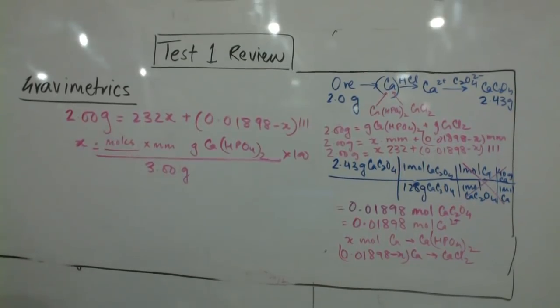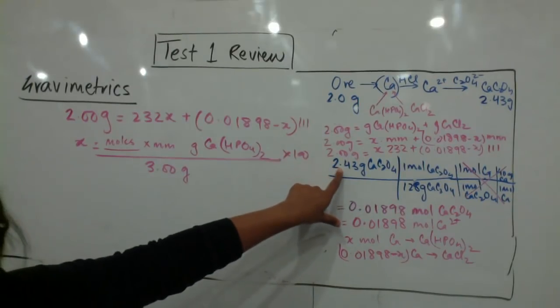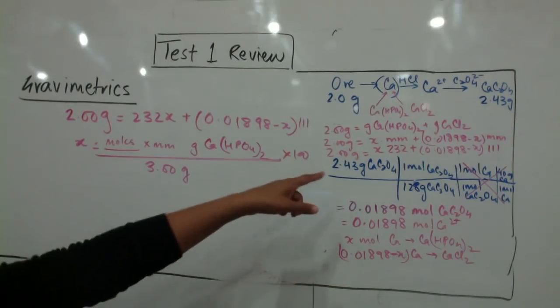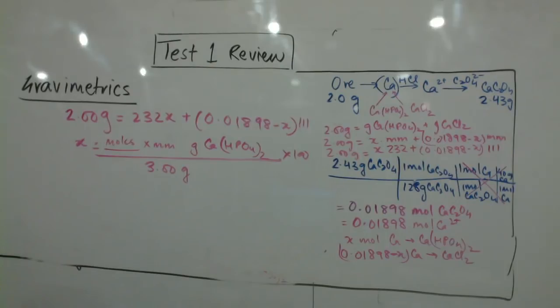That is correct. So total is 2 grams. 2.43 is how much precipitate was formed of calcium oxalate, which precipitated out the calcium.